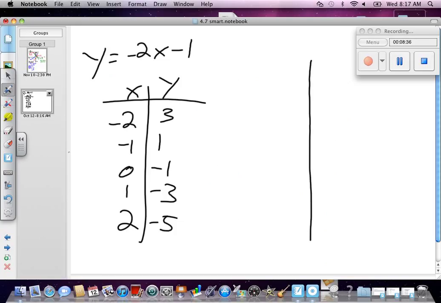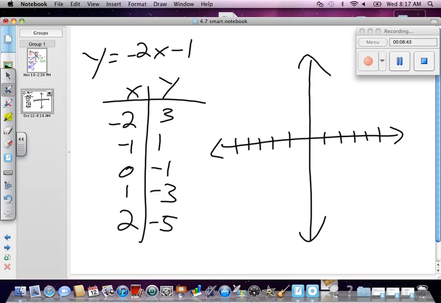Okay, so if we're going to graph it, we go negative 2, 3. 1, 2, 3.